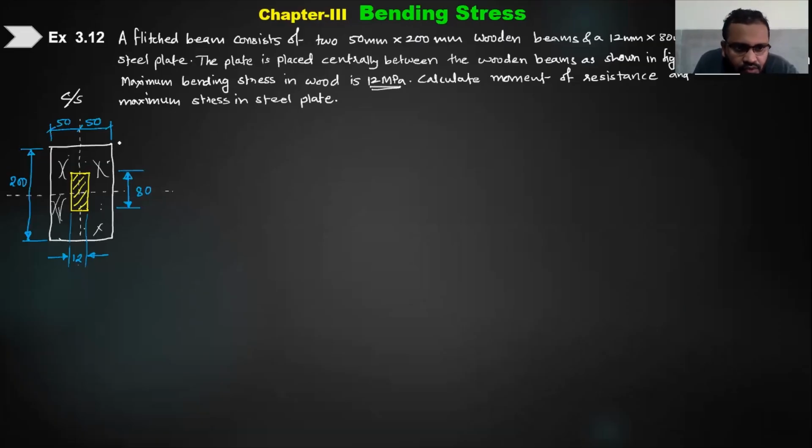If I want to convert wooden section into steel section, let's say I am drawing this neutral axis. First of all, whatever steel section was there, I will just draw that steel section.